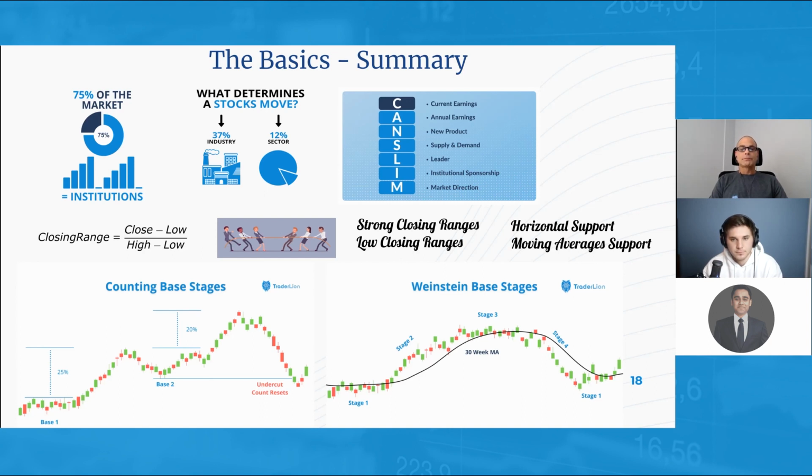We also covered what horizontal support is, what it represents, how stocks respect key moving averages, and how that could serve as support, especially on a liquid leadership stock. And then where is that stock in question with respect to its cycle? Is it a base 1, base 2?